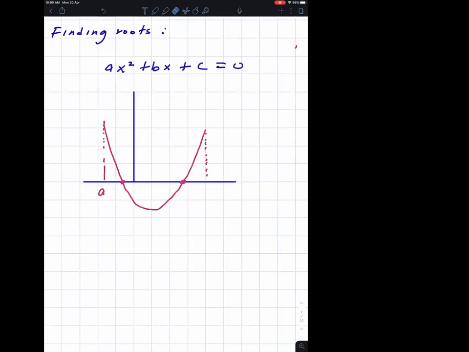Let's say you have the solution between interval A and B. Call this x1 and x2.